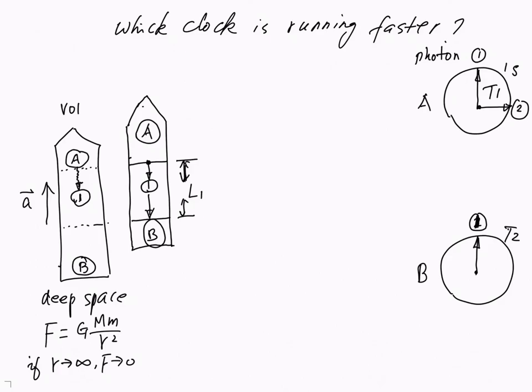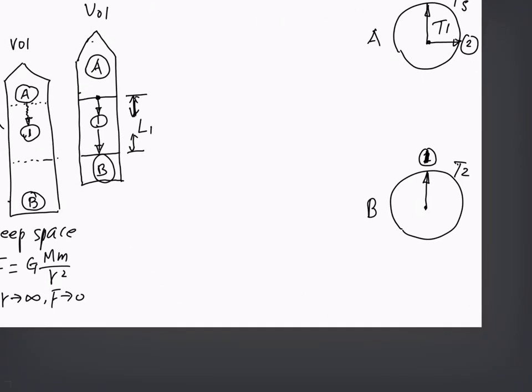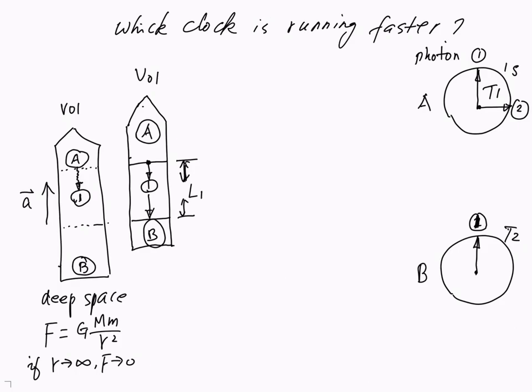By the time clock B receives photon 1, the rocket speed is V1.